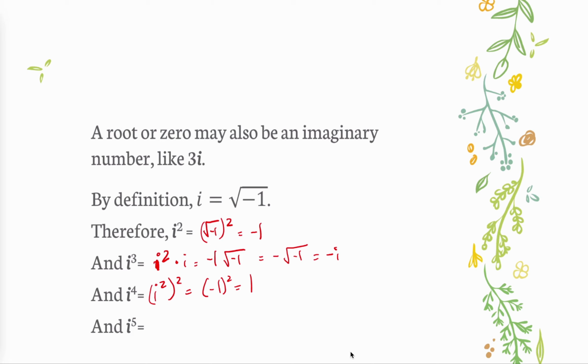And then i to the fifth would be i to the fourth times i, which is just i again.